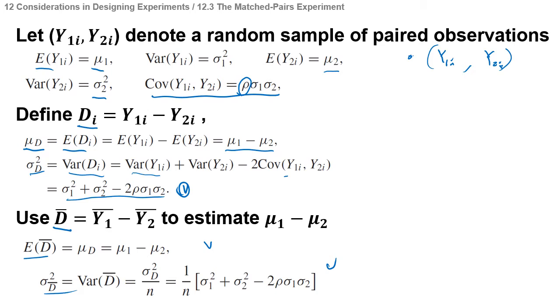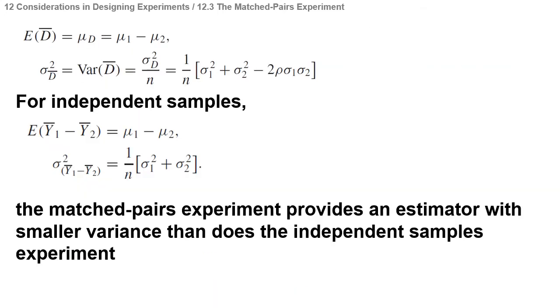Previously we calculated the expected value of d bar, which is mu1 minus mu2, and also the variance of d bar, which is this.